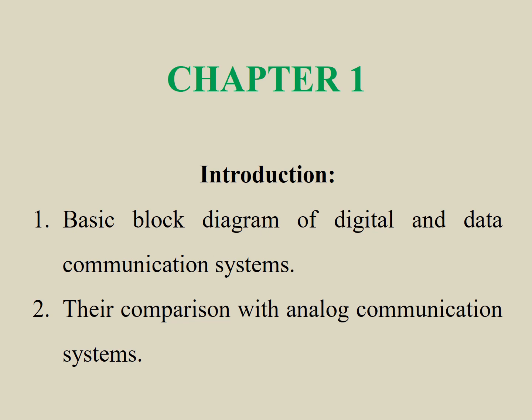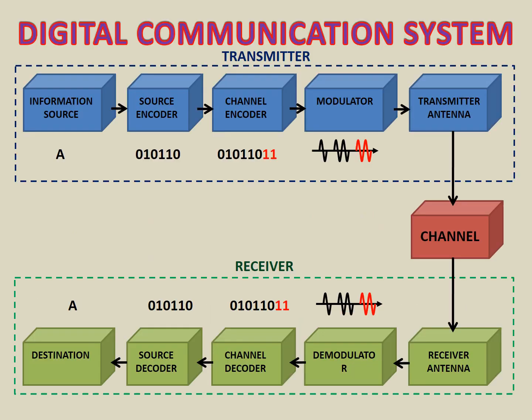As we have studied about analog communication system in our previous class, which has information source, modulator, transmitter antenna, channel, receiver antenna, demodulator, and destination. Like the same, digital communication system also has likely the same blocks as analog communication system.